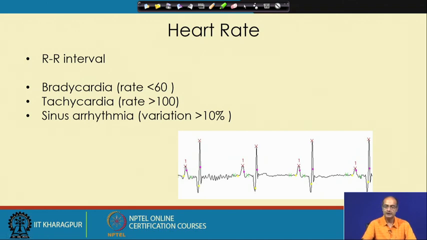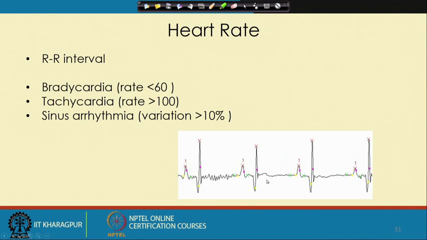There is a periodicity, but there is a small variation associated with it, and that is why we call this signal a quasi-periodic signal, but there is a limit within that variation. If within a few cycles the rate varies by more than 10%, then again we know that there is some problem in the system, and that is called sinus arrhythmia.